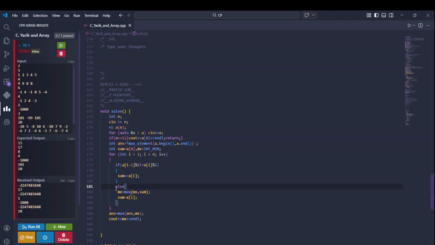See, this condition is not working. Oh, okay, wait. Yes, there is no such conditions yet. I will take one. These conditions.